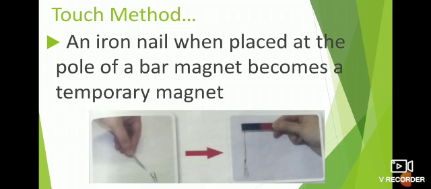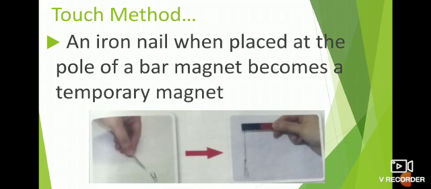A magnetic material such as an iron nail, as you can see in the picture, that is placed at the pole of the magnet becomes a temporary magnet. On the right side of the picture, you can see that this nail cannot attract the paper pin, but when this nail touches the pole of the magnet, it becomes a temporary magnet, and now it is able to attract the paper pin that is made of steel.